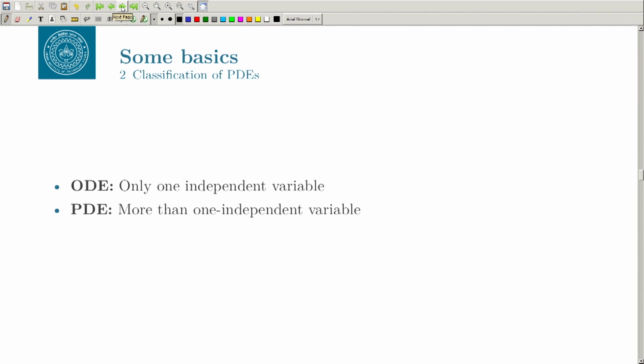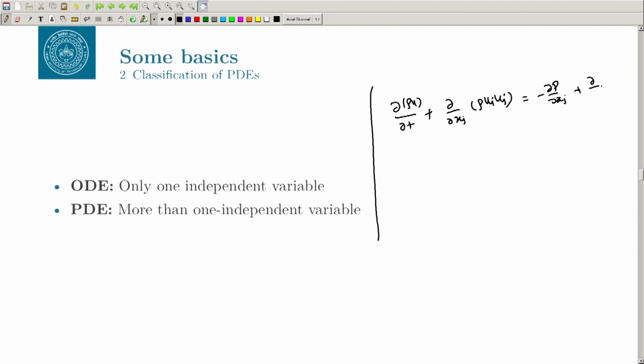Okay. And now about PDE and ODE. So, let us define the independent and dependent variables. Okay. So, for example, if you look at the Navier-Stokes equations, okay, so ∂(ρu_i)/∂t plus ∂/∂x_j of (ρu_i u_j) equal to minus ∂p/∂x_j plus ∂/∂x_j of τ_ij, okay, or you can write τ_ij in terms of the velocity gradient, right.